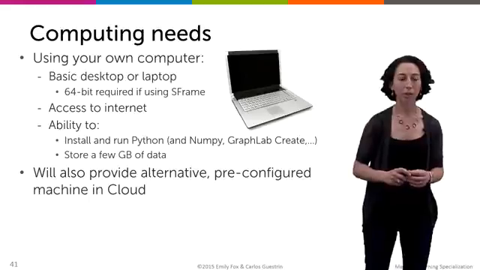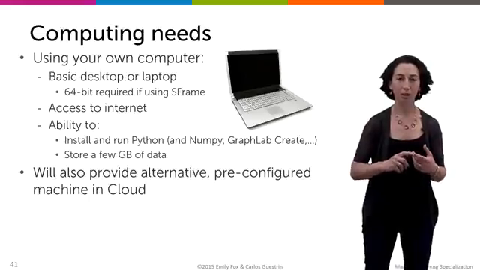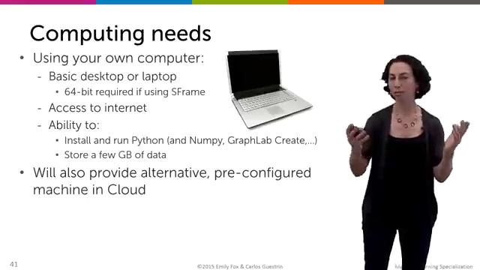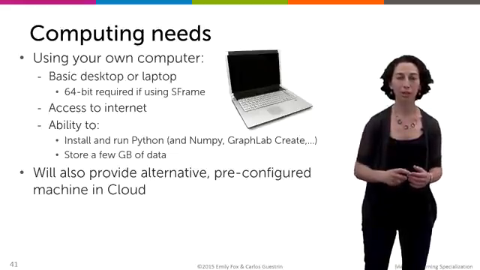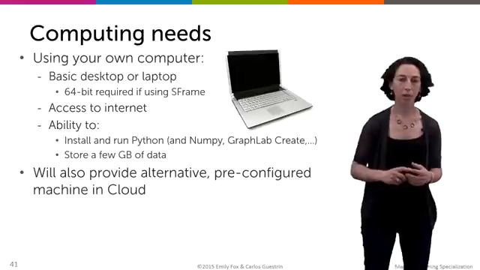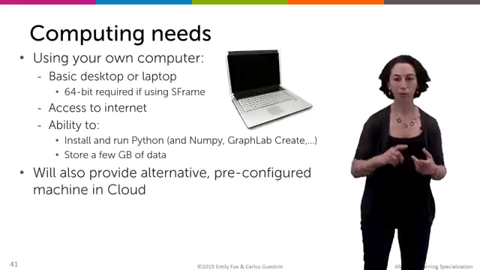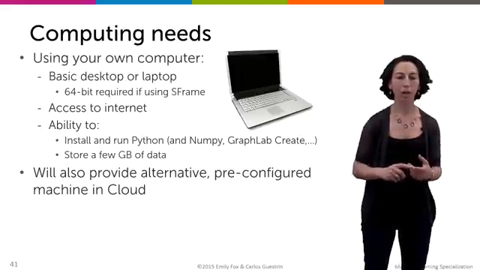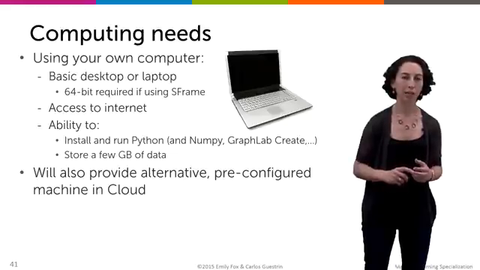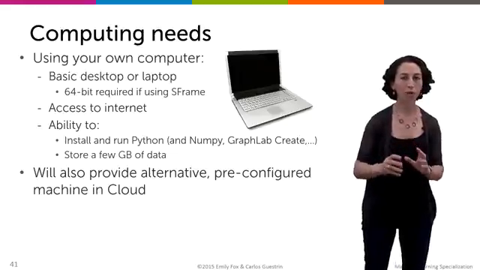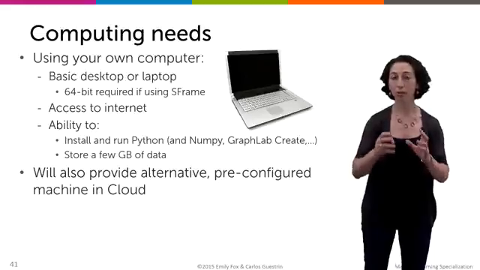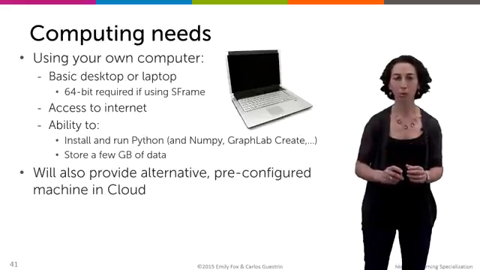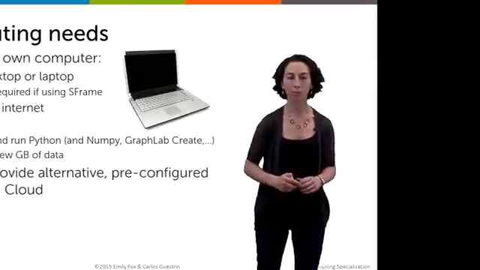You're also, of course, going to need access to the internet so that you can watch these lovely videos, as well as download the assignments and upload your implementations to the Coursera interface. And you're also going to need the ability to install and run Python and to store a few gigabytes of data. But as an alternative, we're also going to provide some pre-configured machines in the cloud so that if you don't have a 64-bit machine of your own, you can still complete this course.